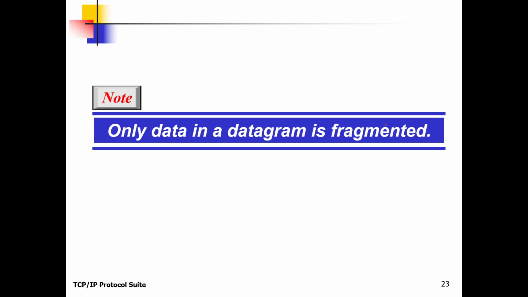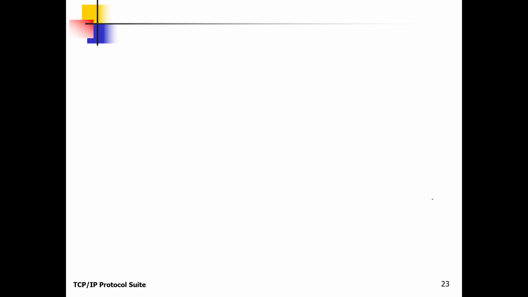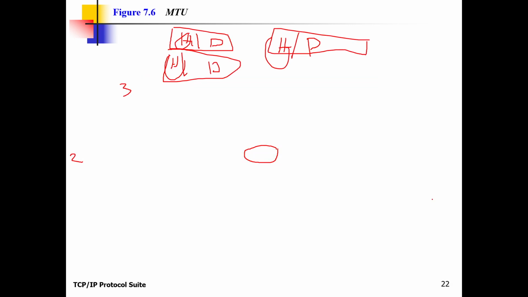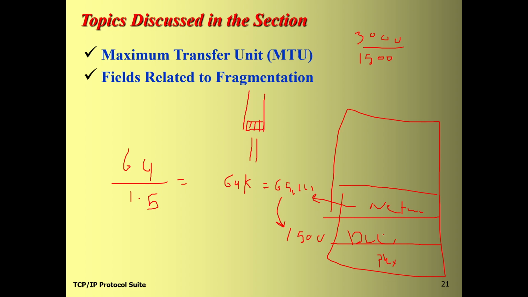So the problem is that if a router connects a LAN to a WAN, it receives the frame in the LAN format and sends the frame in the WAN format, different formats. Each network has something called the MTU, or maximum transfer unit. Each data link layer protocol has its own frame format in most protocols.